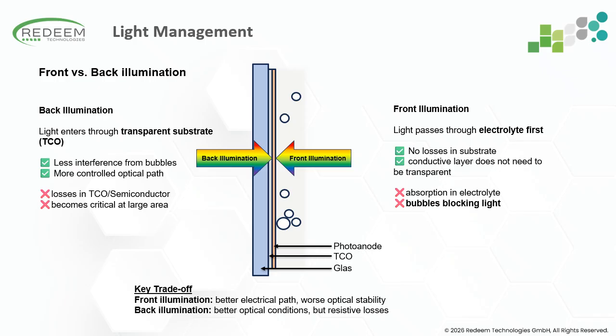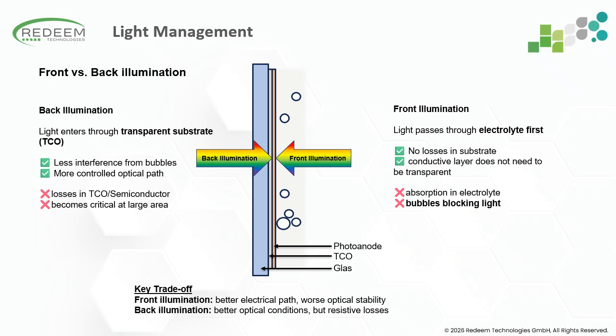So that means there's much less interference from gas bubbles and the optical path remains well controlled. The disadvantage is that the TCO can absorb a small fraction of the incoming light, and in addition, the lateral current has to travel through the TCO layer, making resistive losses increasingly important for large area devices.